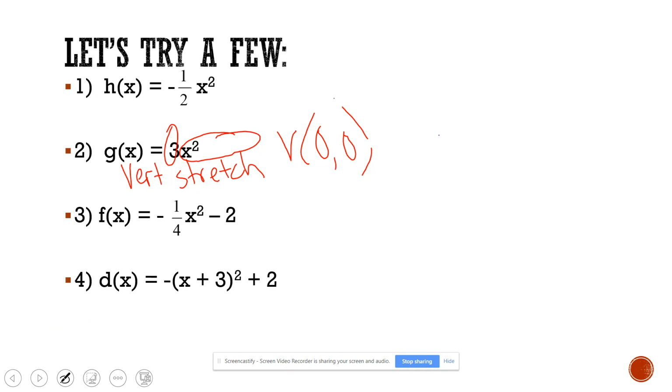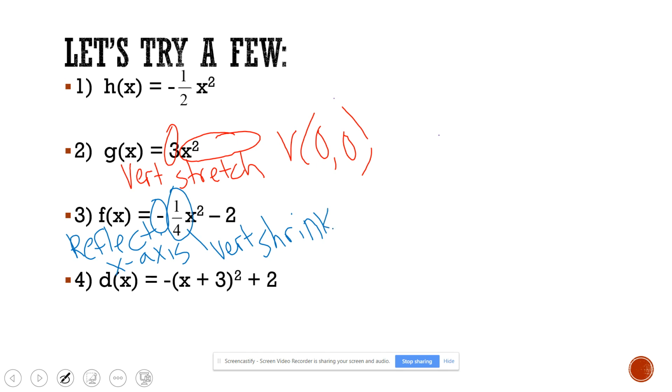Example 3, we have this negative, which is a reflection over the x-axis. The 1/4 is a vertical shrink because 1/4 is between 0 and 1.